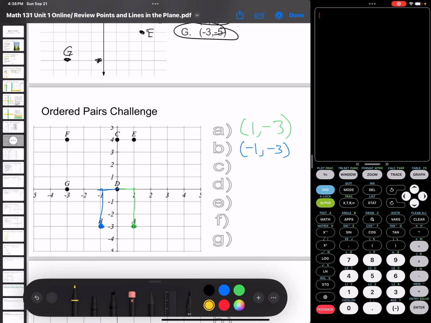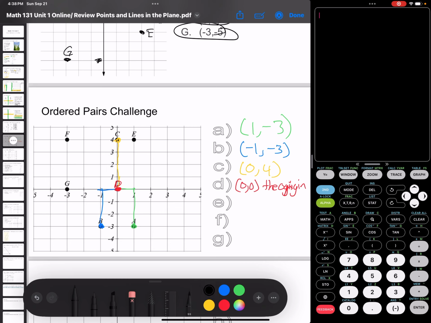For C, I start at the origin. I don't go left or right, so that's 0. But I do go up 1, 2, 3, 4. So that would be 0, 4. For D, I don't go left, I don't go right. I stay right there. It's 0, 0, aka the origin, the one who started it all.